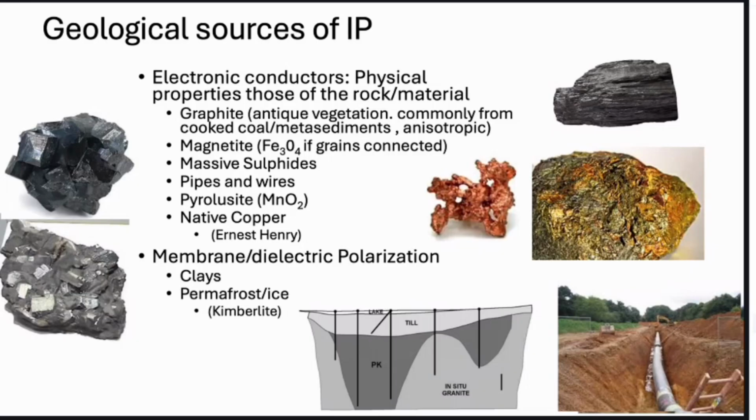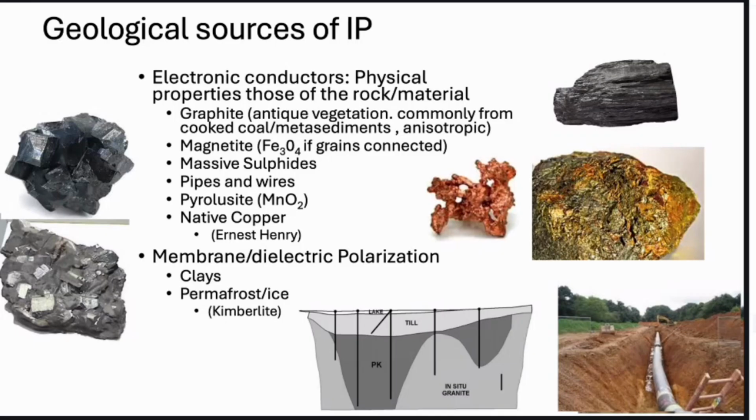Manganese dioxide, bottom left, is also a fairly common electronic conductor. Things like native copper are not uncommon. It was the source of the target of the Ernest Henry discovery. There are other potential geological types as well, which are conductive and/or have an IP response.